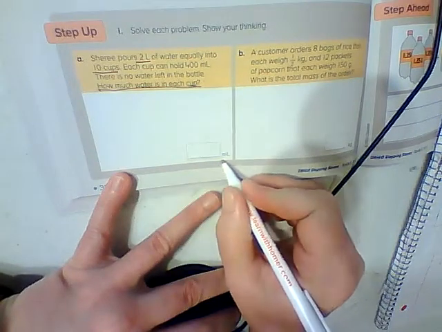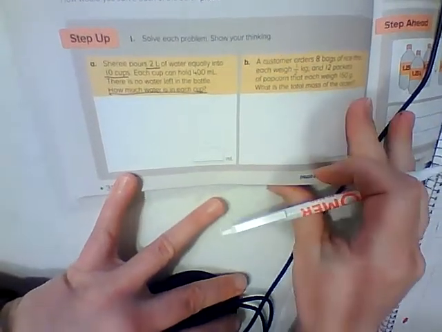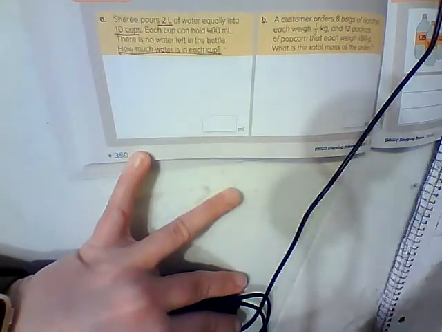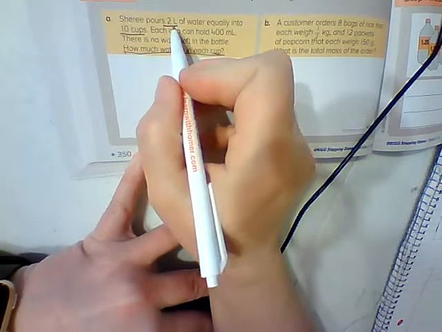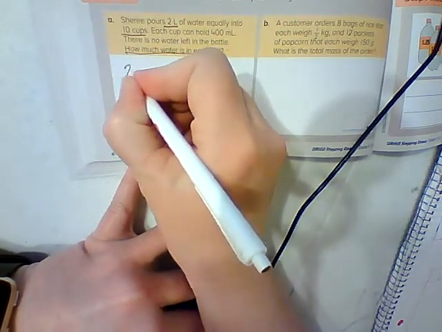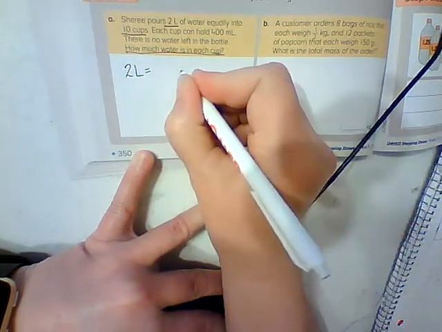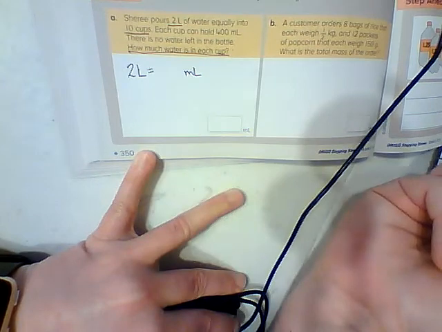If I look down here, my label is going to be milliliters. So that means I am going to need to be ending in milliliters. So to do that, I'm going to be looking at my 2 liters, and I am first going to figure out how many milliliters is that.